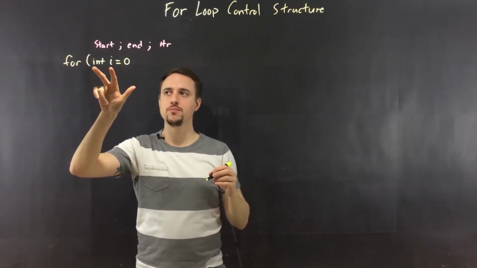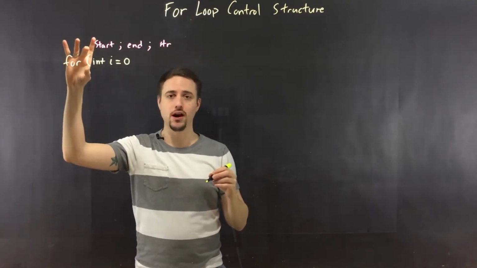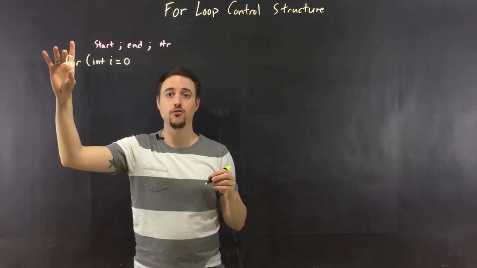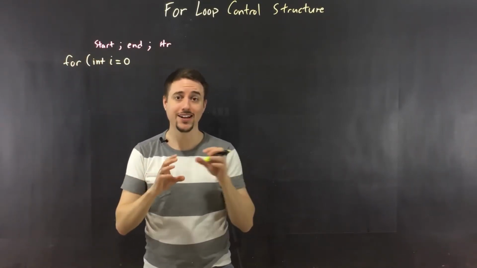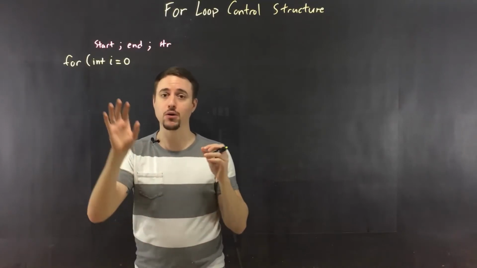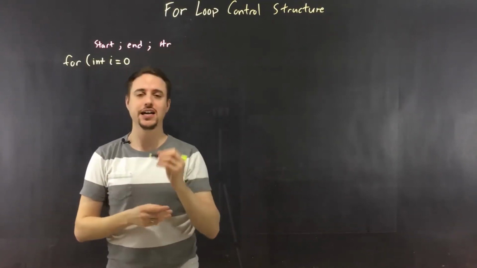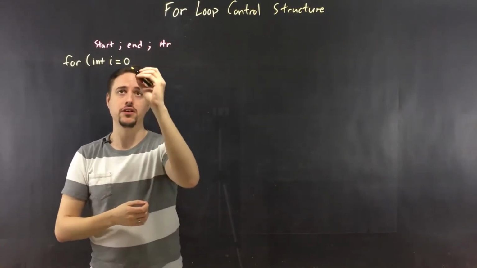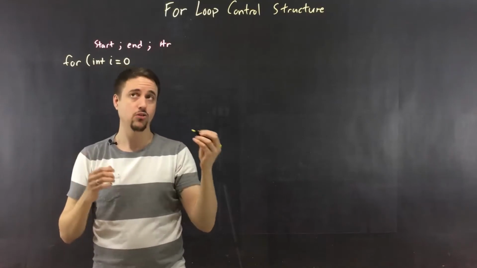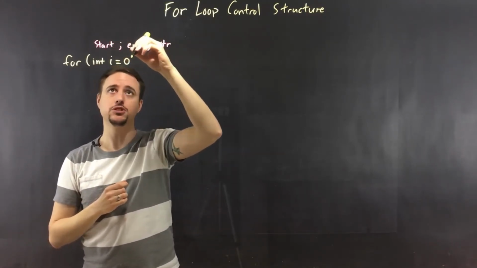We've declared a variable, and we've assigned a value to our variable inside of the scope of this for loop. It just goes to show that you can do a lot of things inside of one line of code, and we're going to do even more than this inside of this line. So we've initialized the variable I, which is an integer, to have the value of 0. Great. That is the starting point. We're starting at I equals 0.